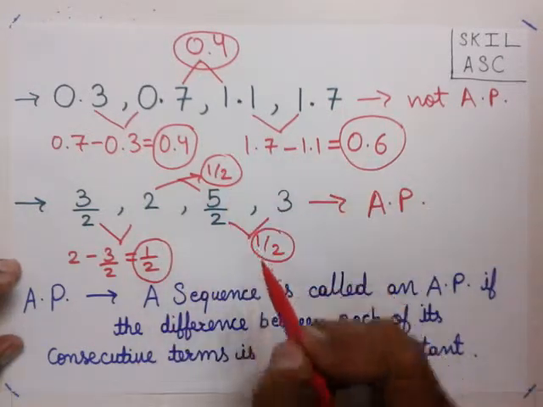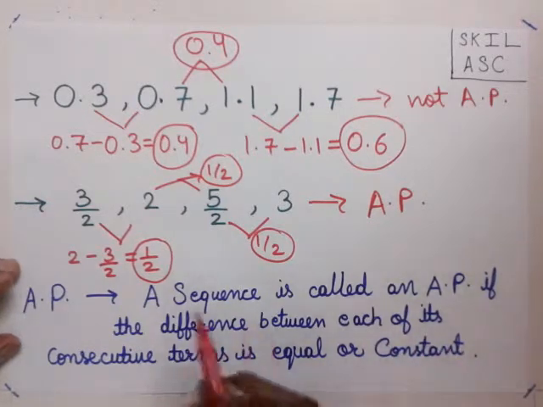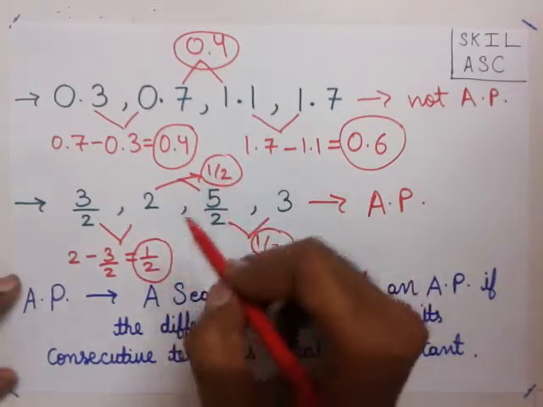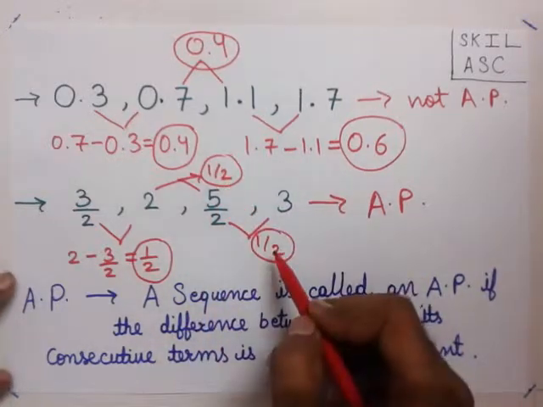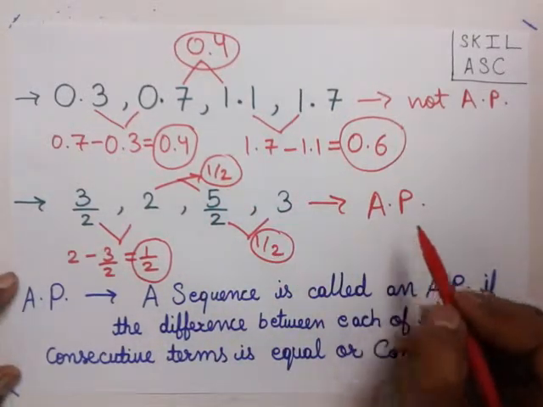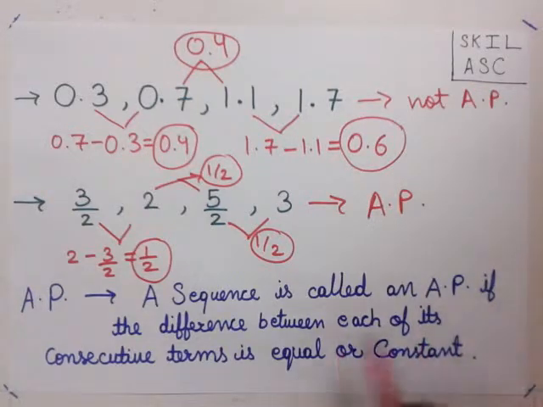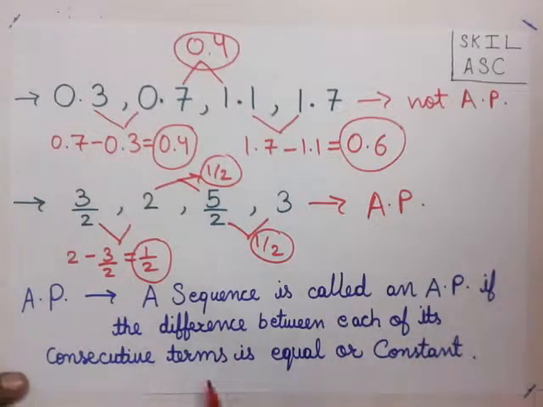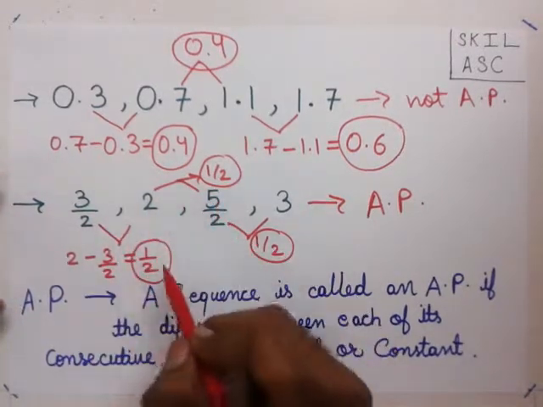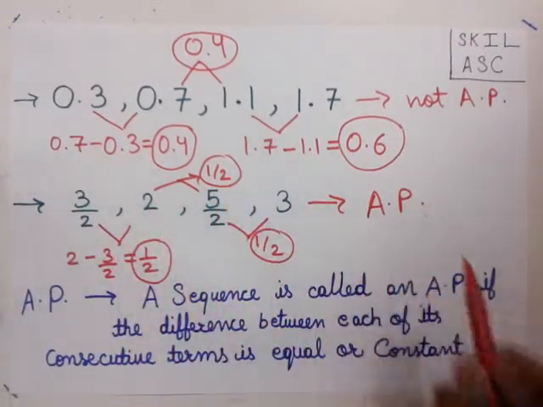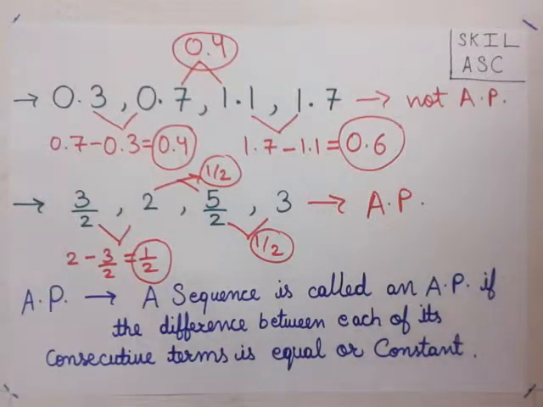These were the differences between two consecutive terms. If the difference between consecutive terms was equal, then it was an AP. So that is how we form an AP.